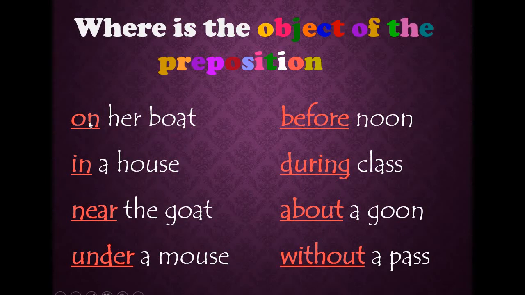When I told you on is a preposition and boat is the noun or the object, so on her boat is my prepositional phrase. All of these parts that I just wrote are called prepositional phrases because they have the preposition and the noun. Preposition, noun, preposition, noun, and so on.